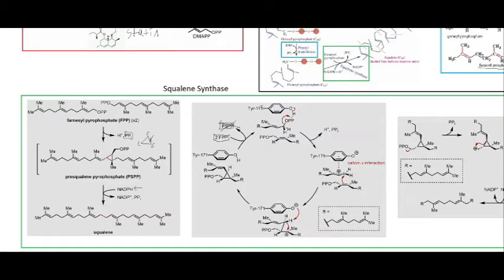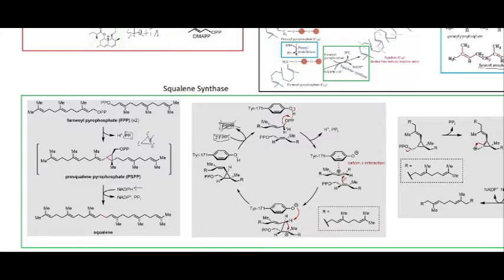This tyrosine 171 is stabilizing this pyrophosphate and donating this hydrogen to it in order for the pyrophosphate to come off, which then generates this carbocation species here.